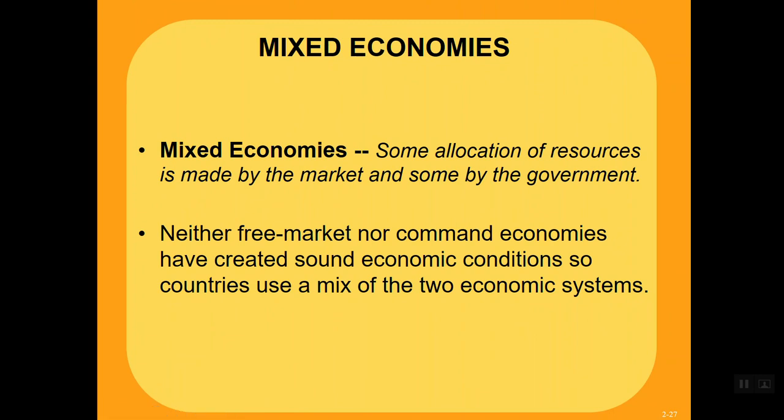Mixed economies have kind of the best of all worlds, if you will. They have some allocations of resources made by the market and some made by the government. Neither the free market nor the command economies have created sound economic conditions, so countries tend to use a mix of these two economic systems. Even in the United States, we have some education that's provided by the government, or portions of it, like in California in the community college system.